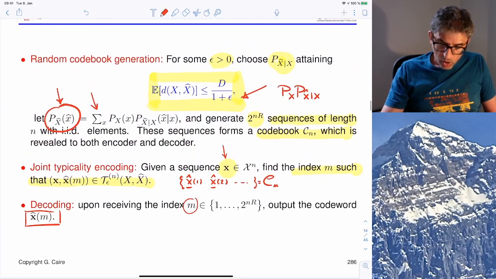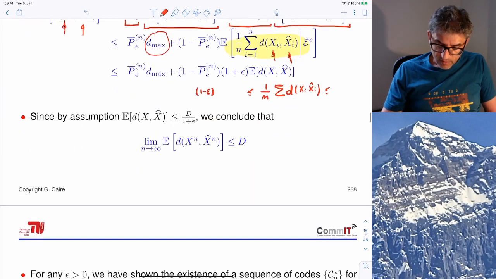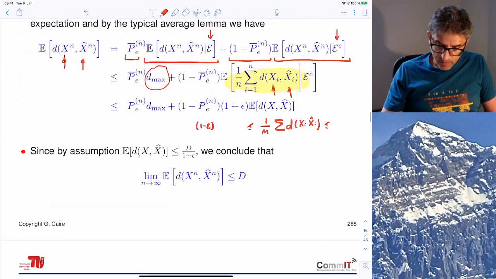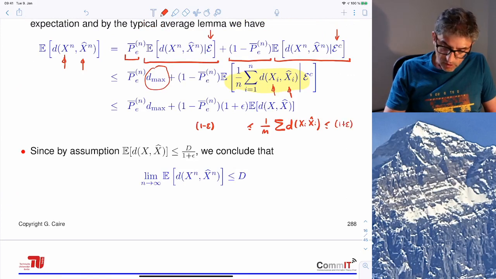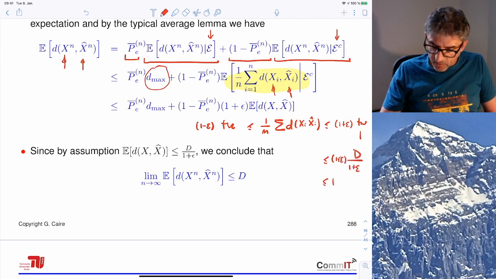the true mean, but the true mean, if you remember, we chose at the beginning to satisfy this inequality. So in particular this is less or equal than 1 plus epsilon times the true mean, and the true mean is less or equal than d over 1 plus epsilon, so this is less or equal than d.